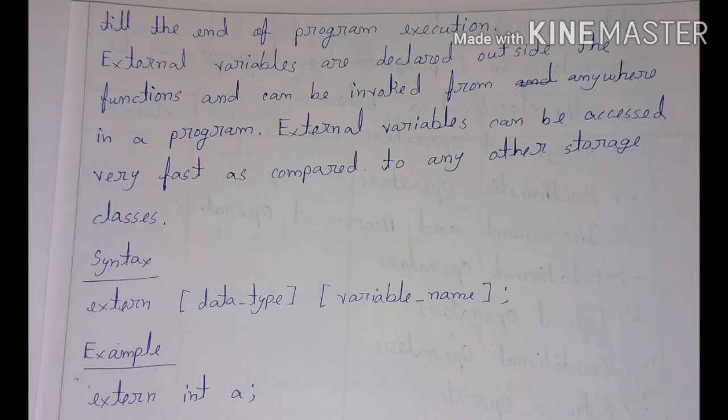External variables are declared outside the functions and can be invoked from anywhere in a program. External variables can be accessed very fast as compared to any other storage classes. Here is the syntax: extern, then data type, then variable name, semicolon. Example: extern int a, semicolon.